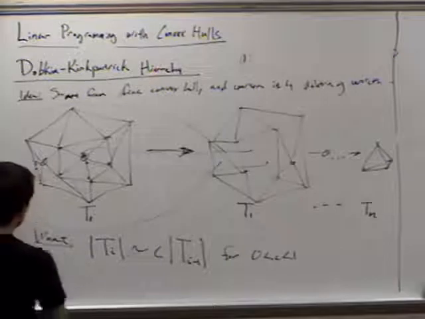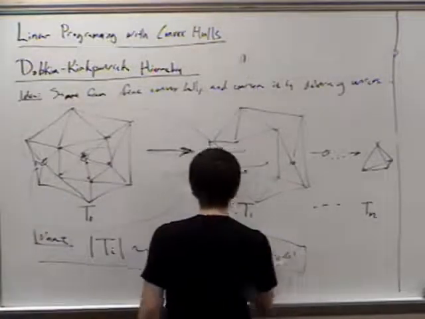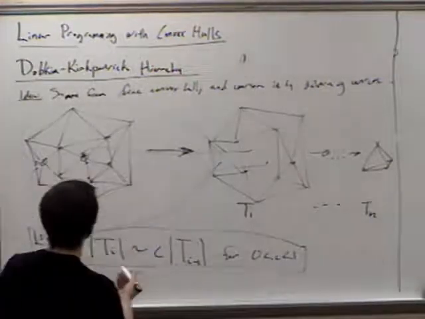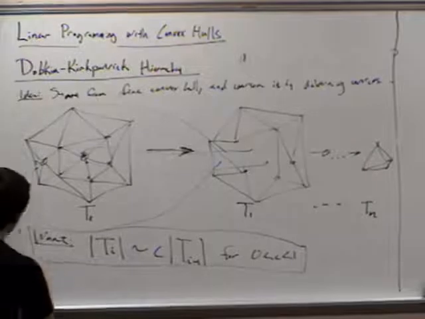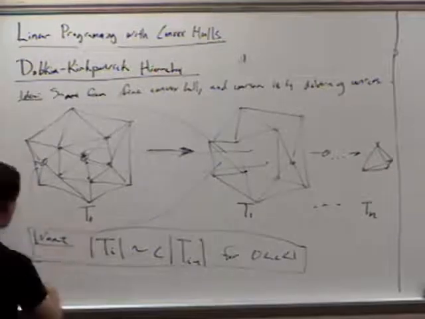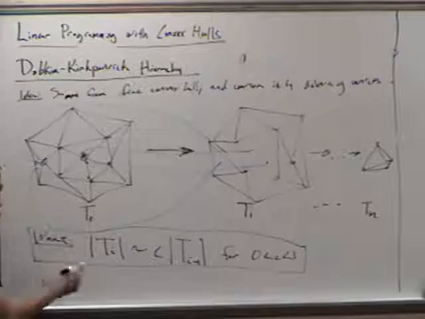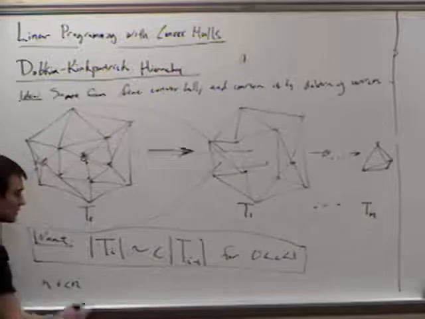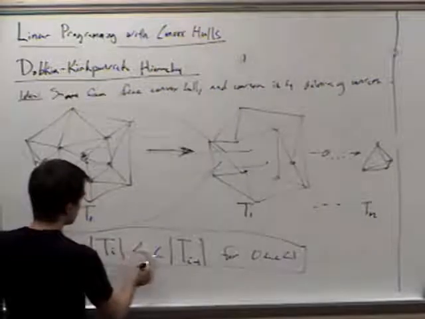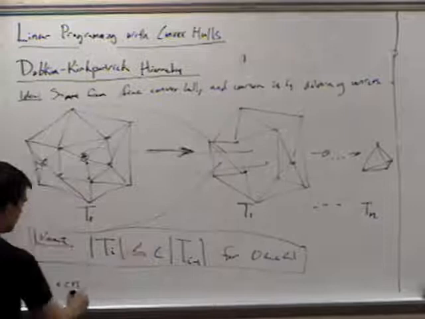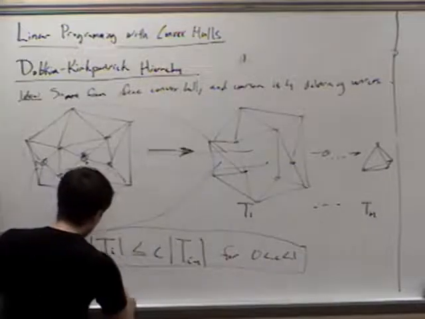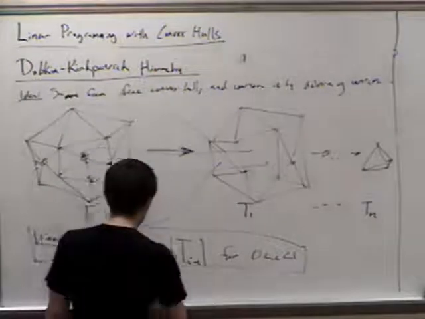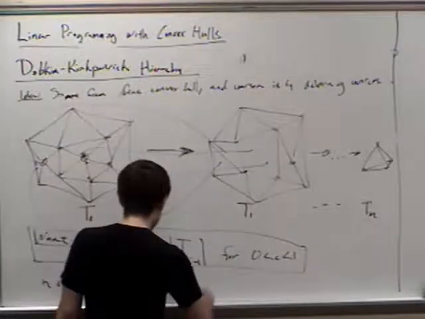The reason for this is that, if this is true, the total size of this triangulation is as follows. The size of the 0th level will just be n, the size of T0, because we start with n vertices. Then the next one is going to be less than or equal to c times n, plus c squared n, and so on. So this is a geometric series, and this is going to be equal to 1 over 1 minus c times n.